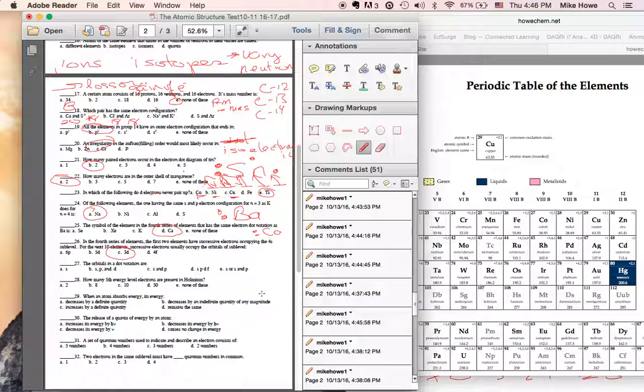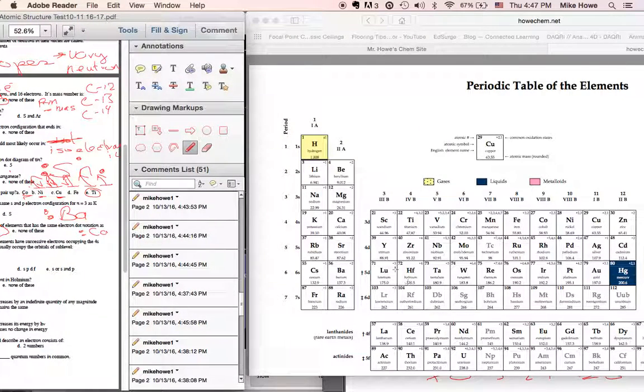Right. Now when we're doing dot notations, number 27, the only sublevels that can ever be in the outer shell are the S and the P, because the D sublevel is always preceded by a higher value of S. Let me show you that. Here's 3D.